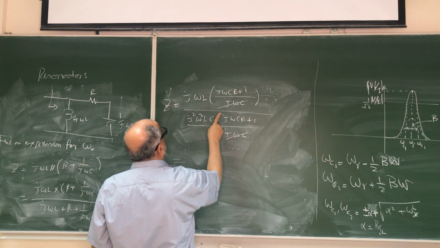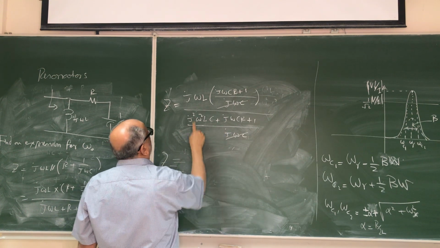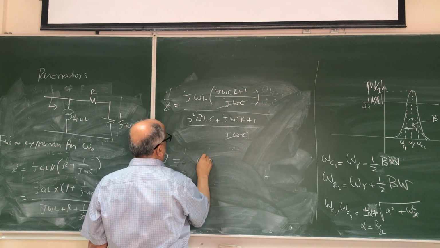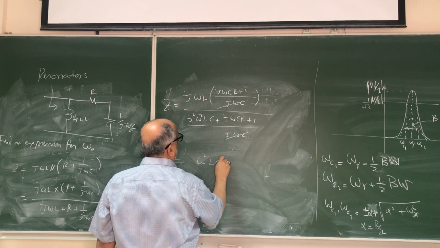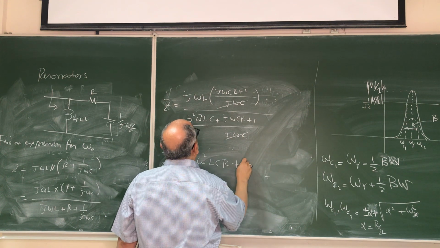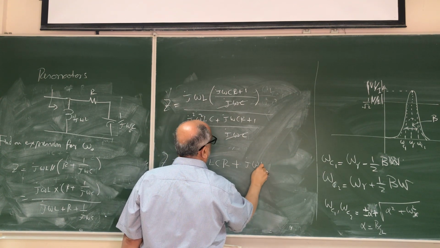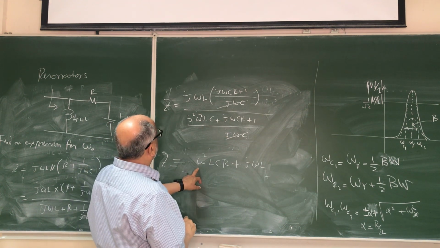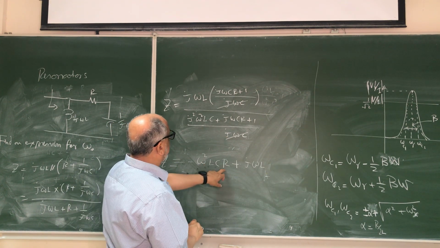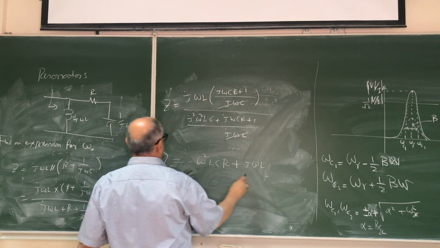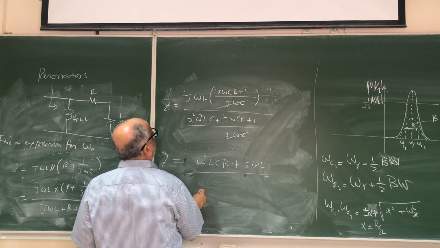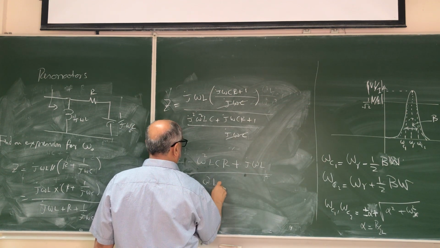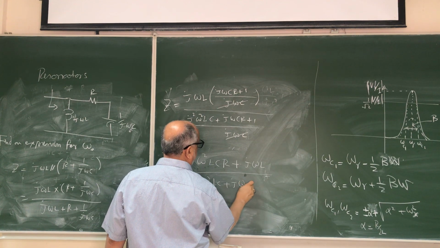Up we'll have, since j squared is minus, minus omega squared LCR plus j omega L. And in the denominator, we have 1 minus omega squared LC plus j omega CR.